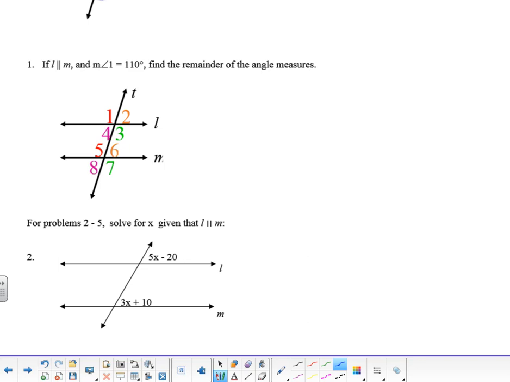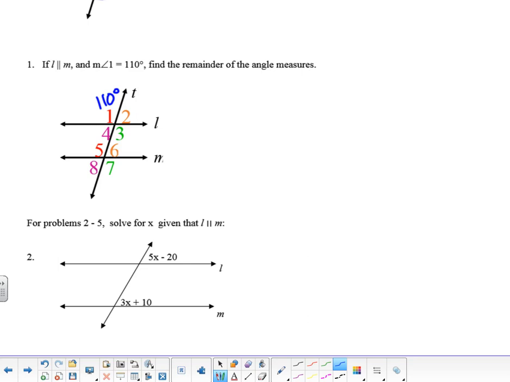Okay, so it says if L is parallel to M and the measure of angle 1 equals 110 degrees, find the remainder of the angle measures. So there's several ways to do this, but here's what I want you to think about.